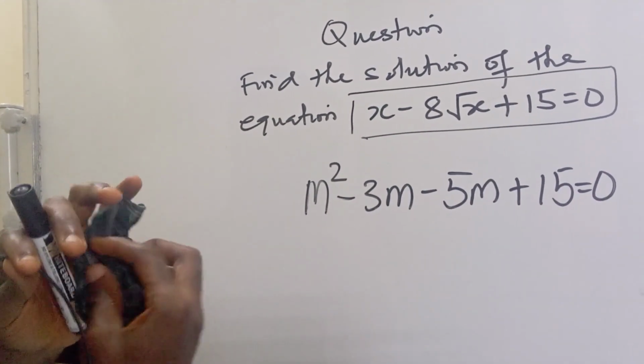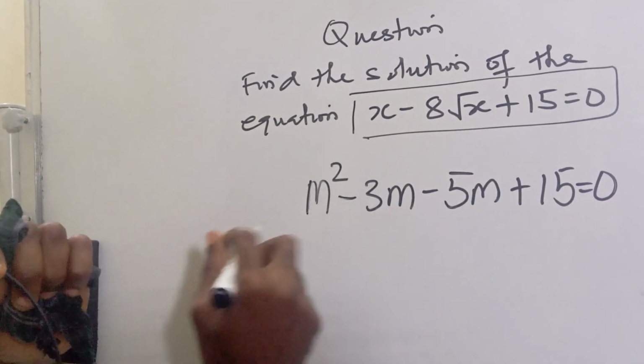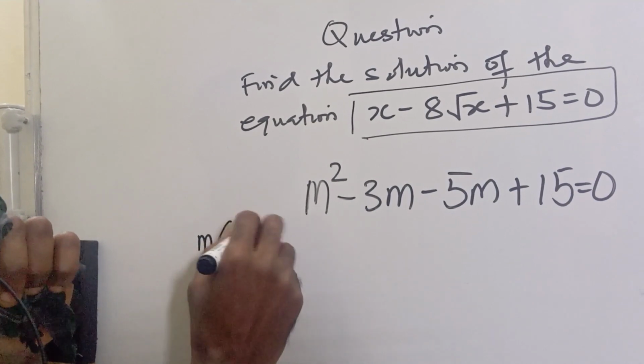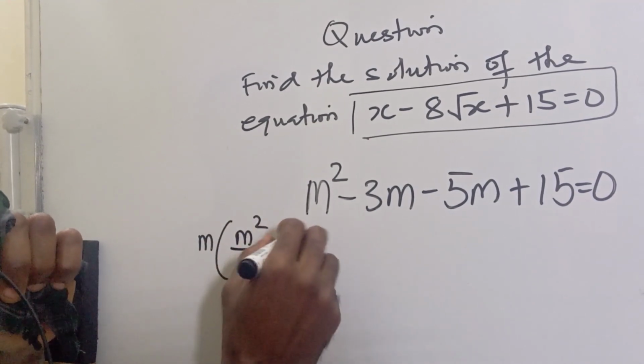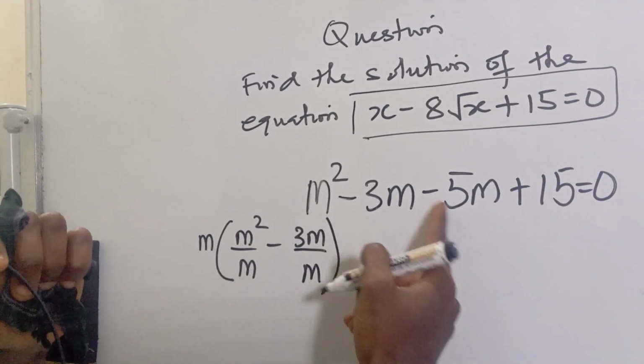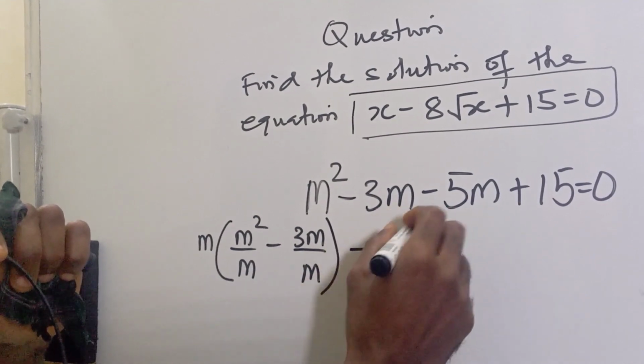From this point, we now have to factor what's common here. I can see that m is common, so we divide this by m: minus 3m divided by m. Now for minus 5m and plus 15, minus 5 is common.